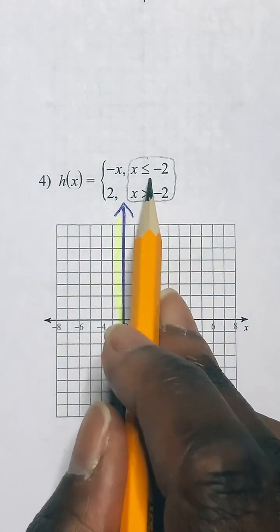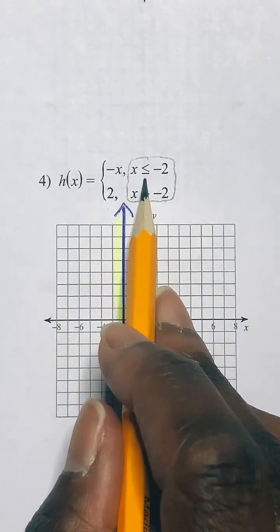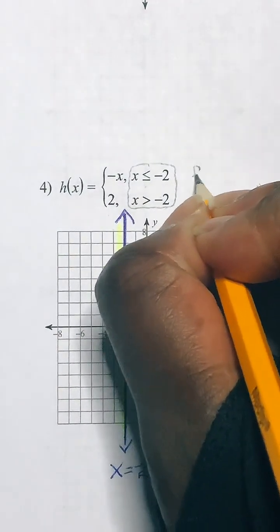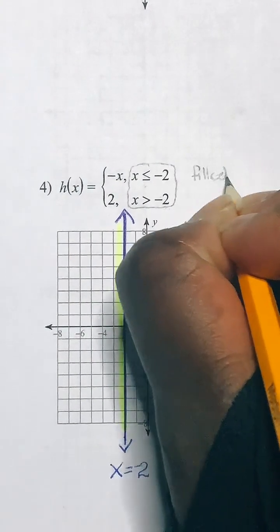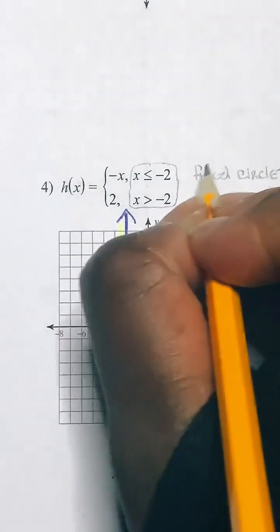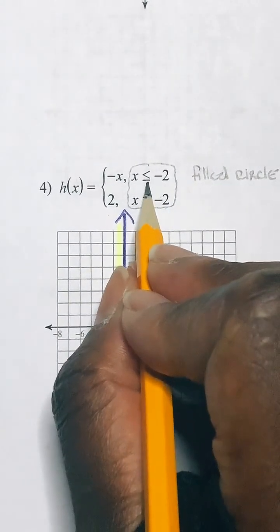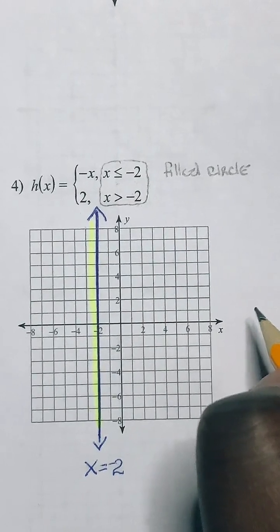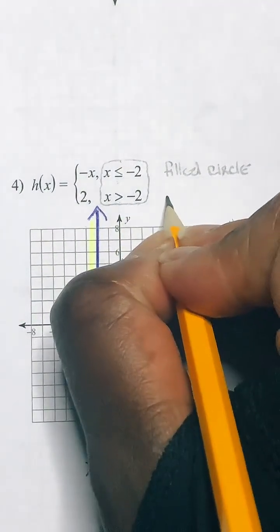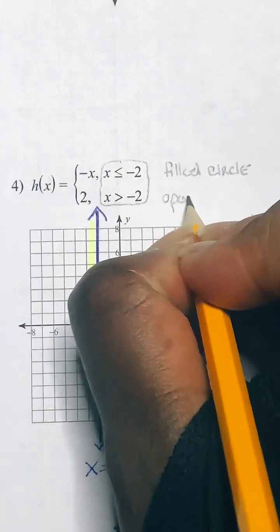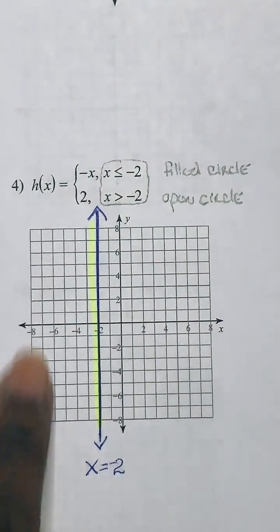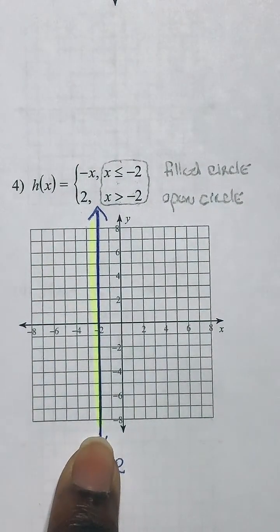But now, since it says equal to, anytime it says equal to, that means I'm going to have a filled circle. Some people say a filled in circle. Some people say a dot. No matter what, we're going to have to fill it in. Where the other one just says greater than, so this will be an open circle. And all of this is happening on my boundary line, okay?